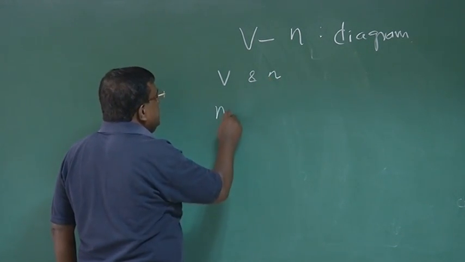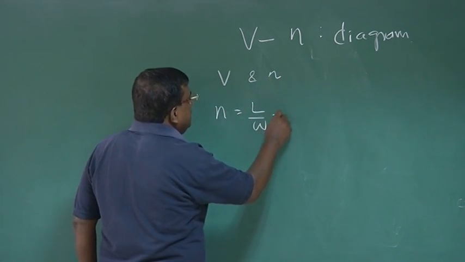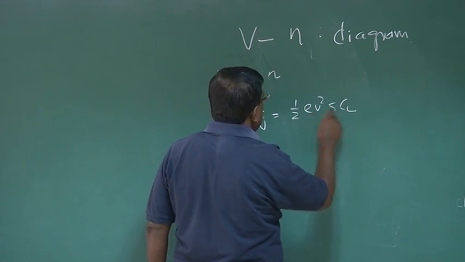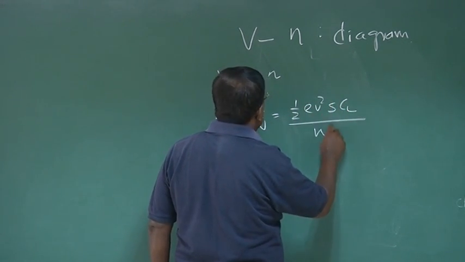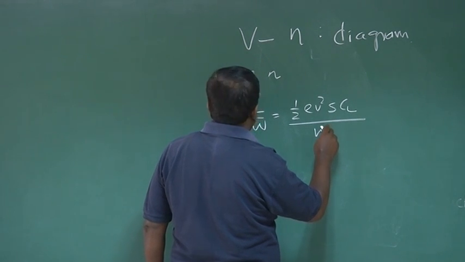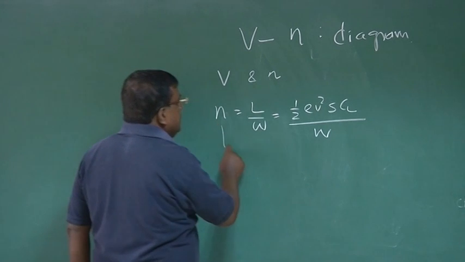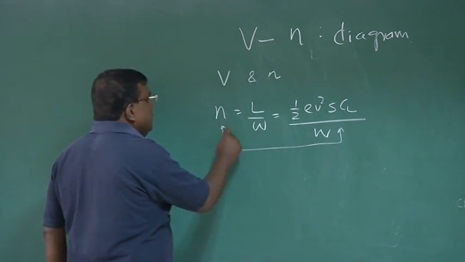I know N is nothing but lift by weight, so it is half rho V square S CL by W. Okay? Now I can use this equation to understand two things.